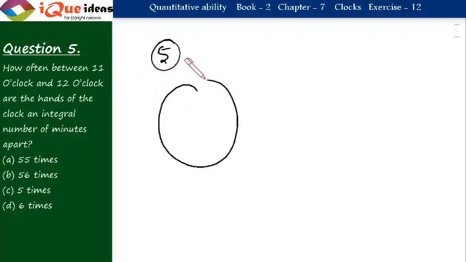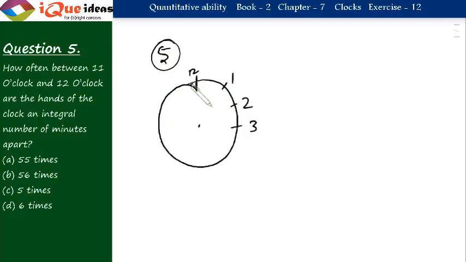Let's draw a situation of a clock. This is the center. Let's say this is the position of 12. This is the position of 1. This is the position of 2. This is the position of 3. Now, from 12 to 1, or you can say that this entire round is equivalent to 60 minutes for the minute hand.